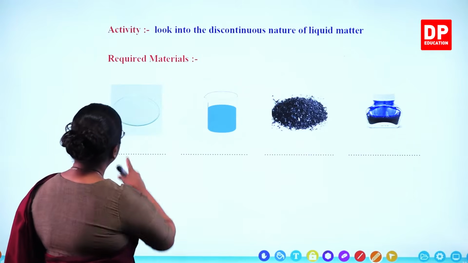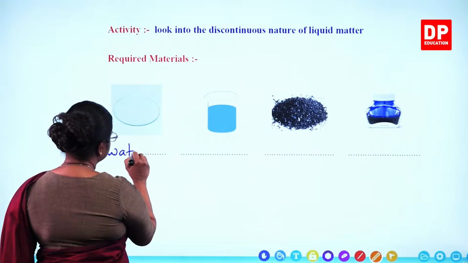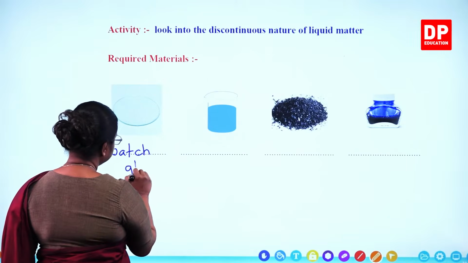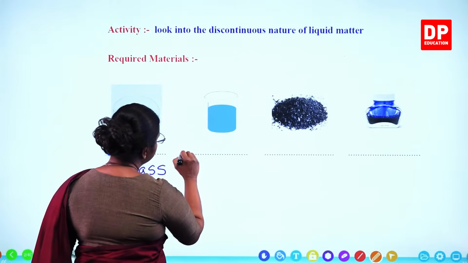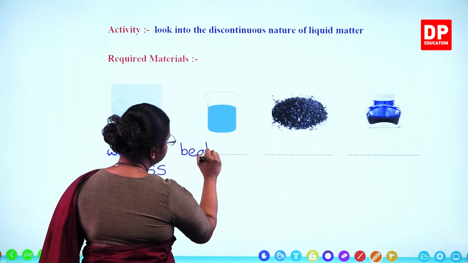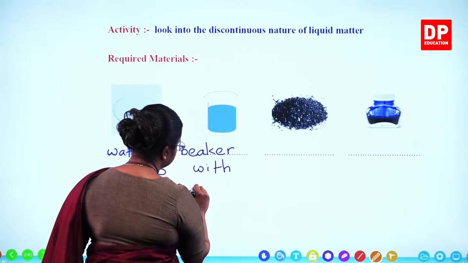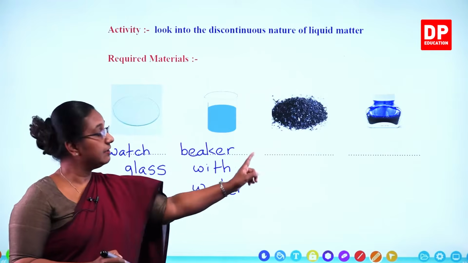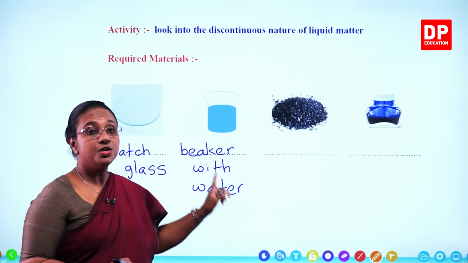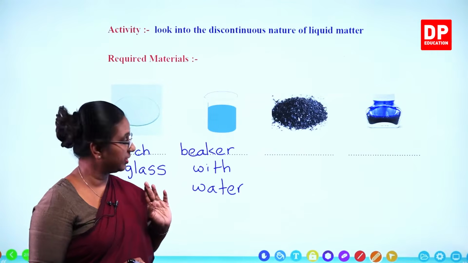So to do this activity, we need a watch glass. Then we need a beaker containing water. For that matter, we will be doing two activities. So for that, we will need two beakers containing water.